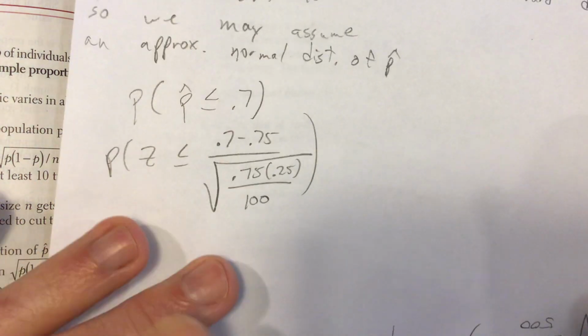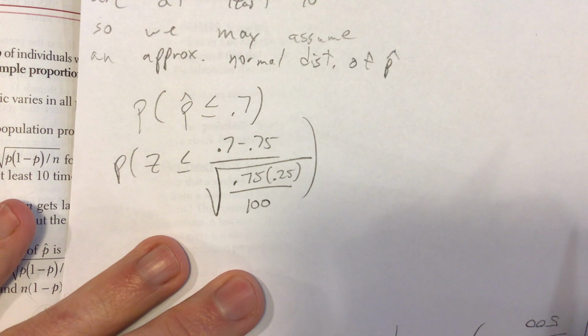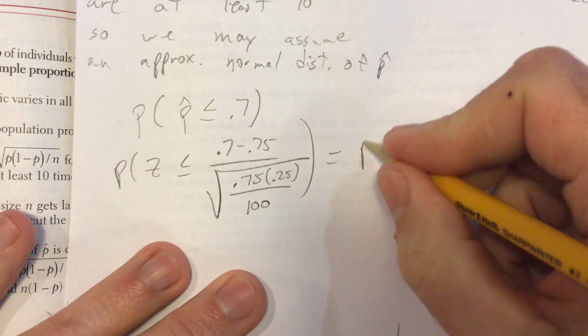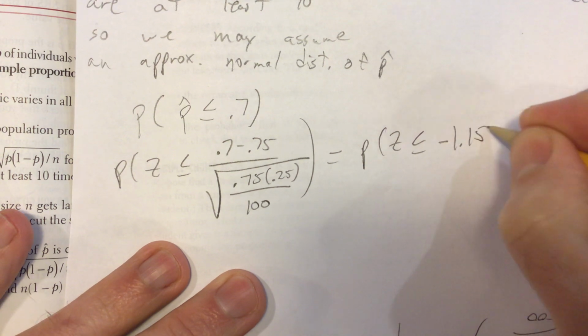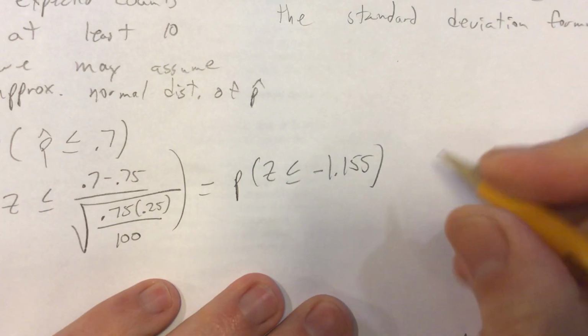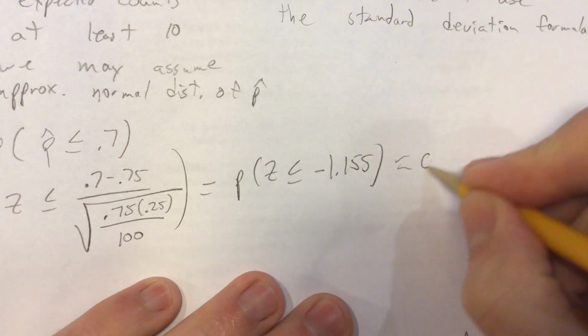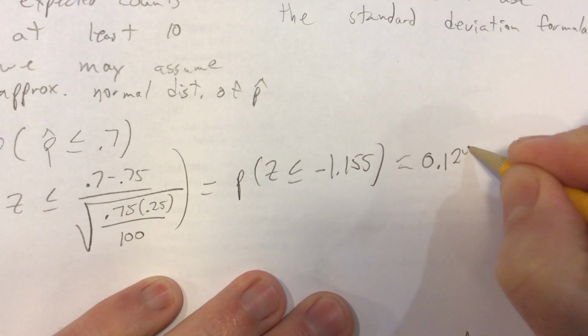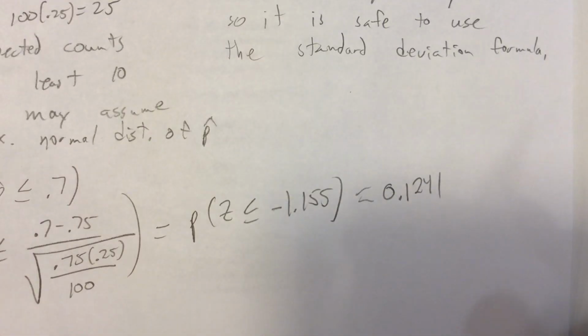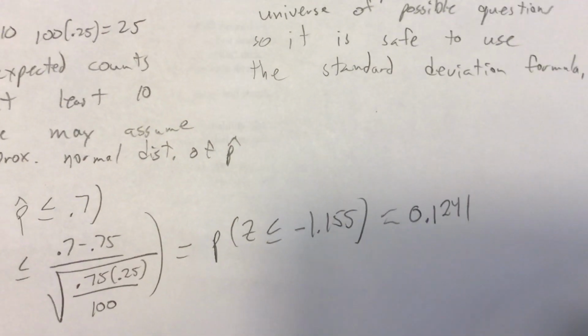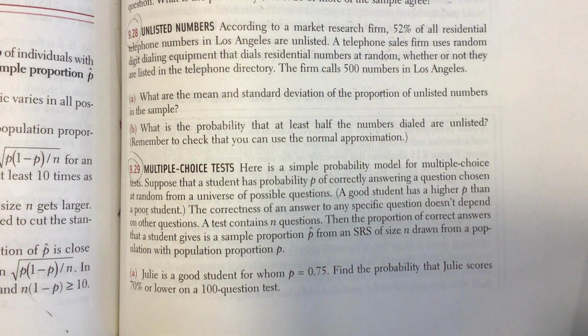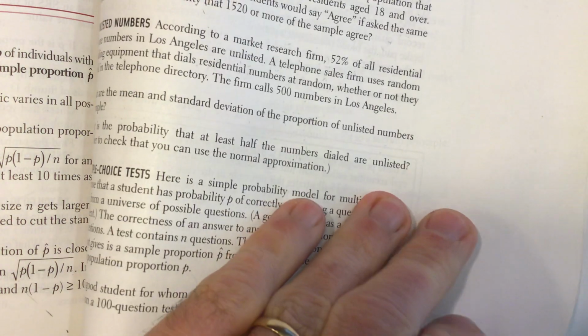We should find a z-score, and that gives me a p-value of approximately 0.1241. Okay. Again, you could have used the binomial distribution and had gotten a perfectly accurate answer, but they're purposefully trying to make you practice the normal distribution a lot because we're going to use that a lot coming up shortly.